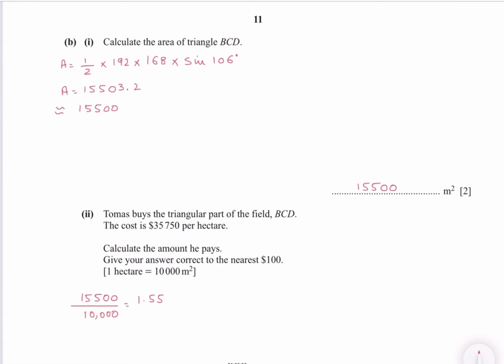So you got 1.55 hectares. So multiply it by its cost. So this is the amount he pays. Convert it to the nearest 100. So it is 55400.